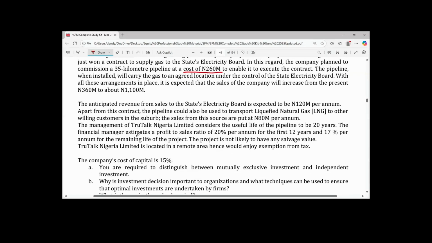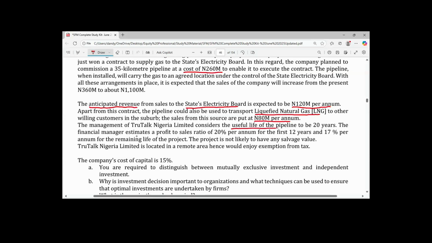The anticipated revenue from sales to the State Electricity Board is expected to be 120 million naira per annum. Apart from this contract, the pipeline could also be used to transport liquefied natural gas (LNG) to other willing customers in the suburb. The sales from this source are put at 8 million naira per annum. The management of True Talk Nigeria Limited considers the useful life of the pipeline to be 20 years.